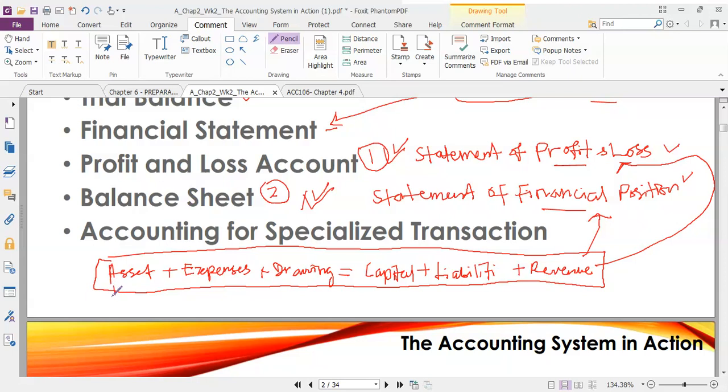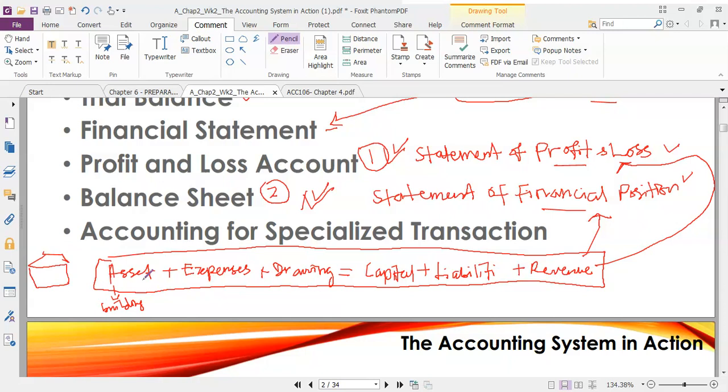Okay, for example, building. Building is the place that you running your business activity. For example, you open bakery shop. So the building, shop building is your asset.